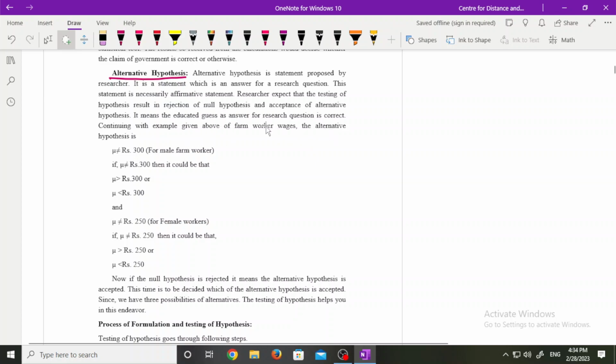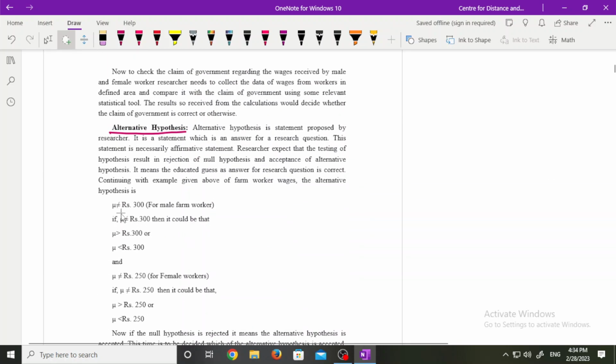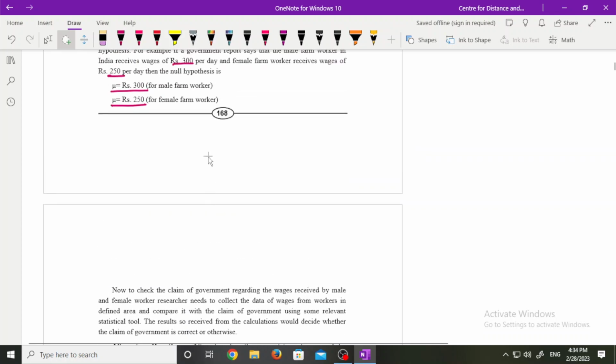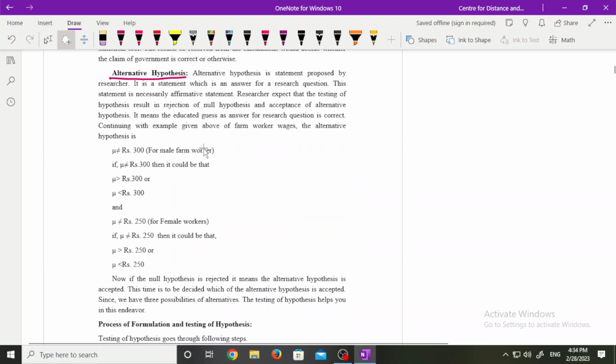For example, continuing with this example. Okay? Here mu is not equal to rupees 300, that is, male farm workers do not receive rupees 300. So here we denote it as mu is not equal to rupees 300. Then if mu is not equal to 300, it could be that either mu is greater than 300 or mu is less than 300.